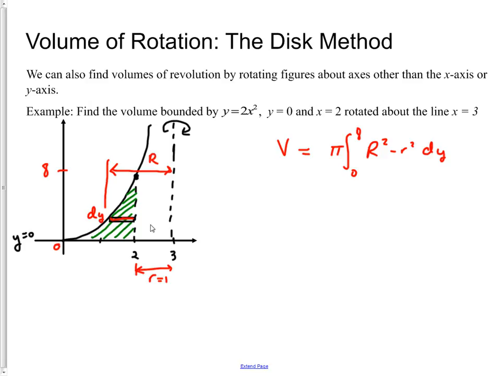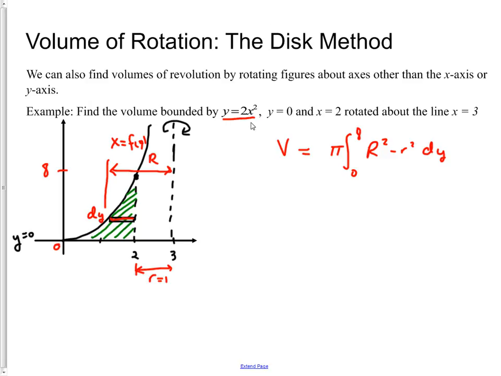Well, that large R is defined in part by the line x equals 3, but then we're going to have some function of x right over here. x equals some function of y to describe that. So that's where we're going to have to rewrite our original function, y equals 2x squared, as x is a function of y.